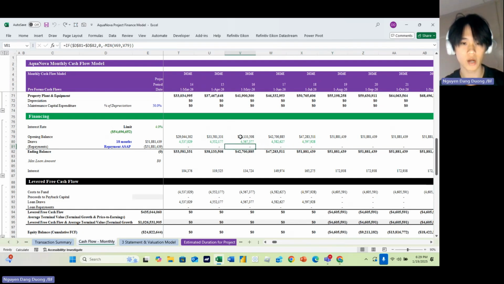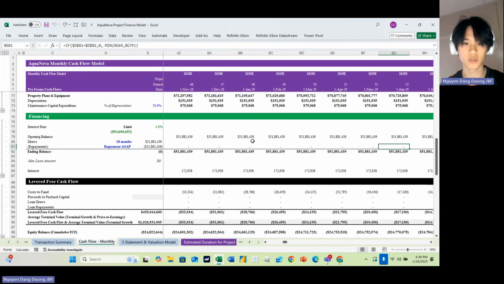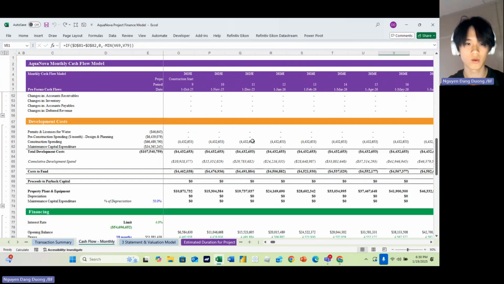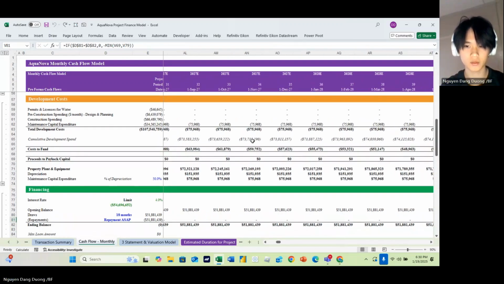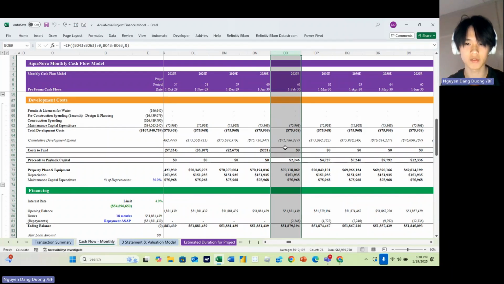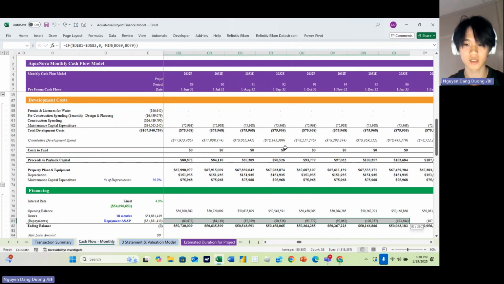And we can structure our repayments in two different ways. One is repayments as soon as we can, and the other is repayments at the end of the project. So for this case, once we start having positive cash flow in here, we can then start repaying debts.